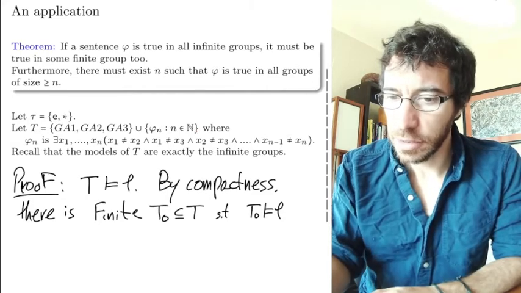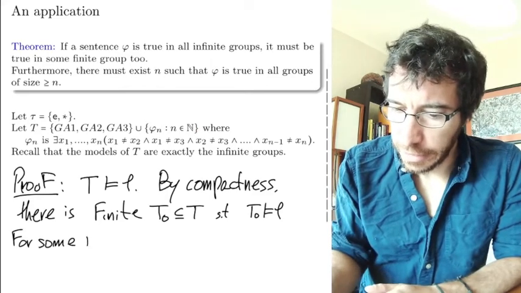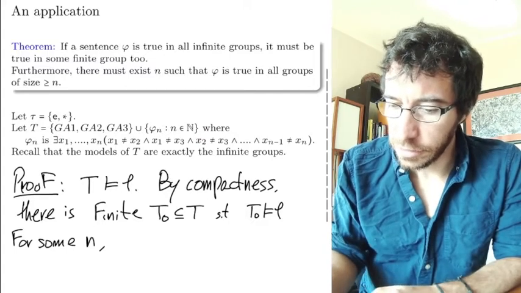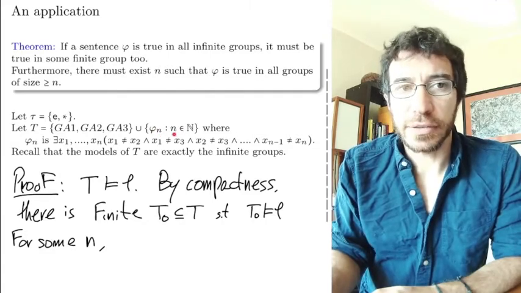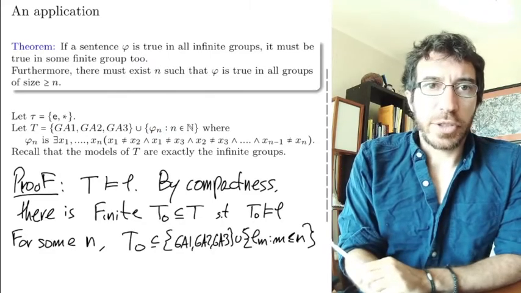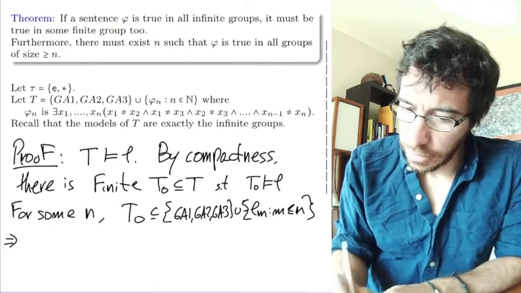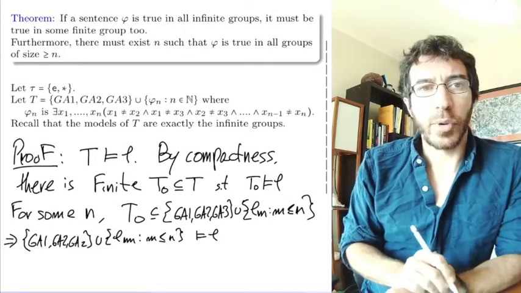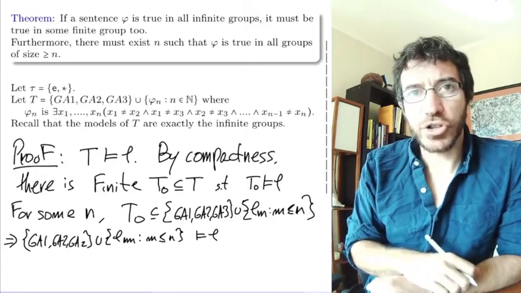Okay, and then this T0 is a finite subset of T. So that means that for some n, we must have that T0 is a subset of finitely many of these sentences, right? That has to be the case just because it's finite. And then what do we have? We have that groups model phi, right? And what does it say that these logically imply phi?